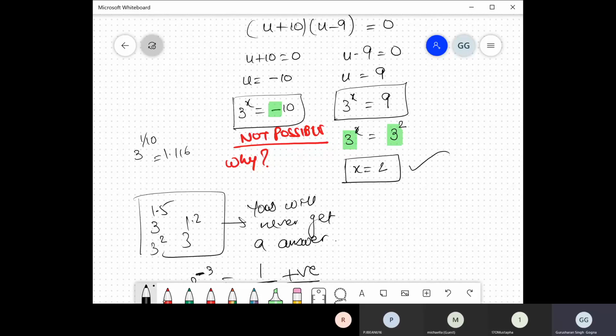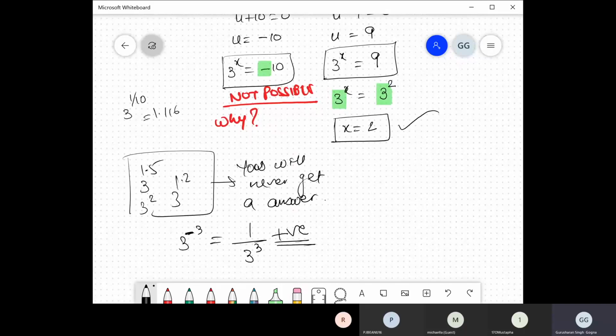But because it is negative, there is no point checking that, because you cannot get a negative answer if you choose any power. Doesn't matter, fraction, decimal, or a negative power, it will never give you this minus 10. You can get a negative answer if you have something like minus 3 to the power 3. That's a different thing. Minus 3 to the power 3 is minus 27, because the minus is there.